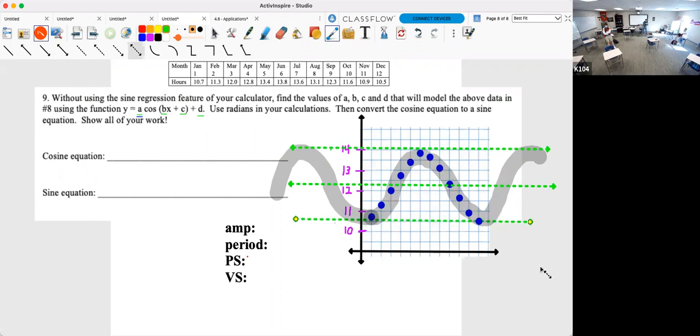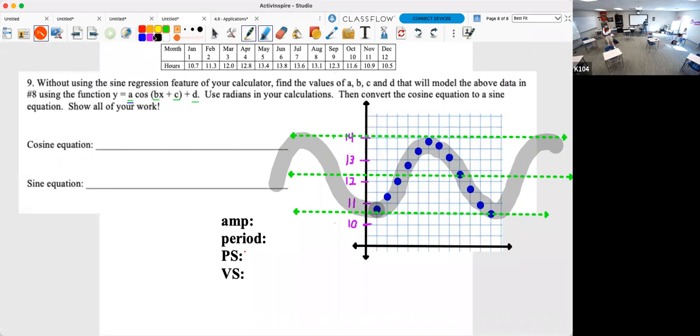So the amplitude is the distance, this distance right there. Isn't that the amplitude?